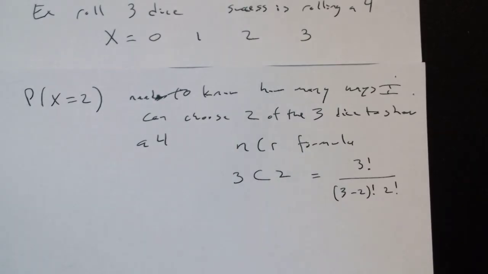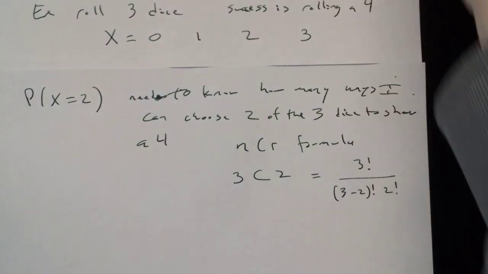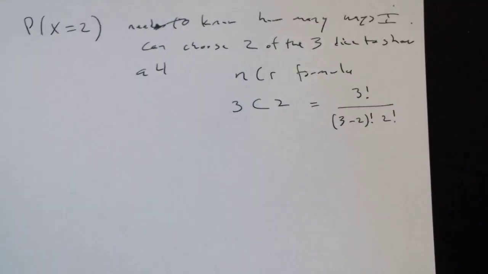Or there was a button on the calculator that had an nCr on it. Should go back and look at Wednesday's lecture from the week before break. Which, you are right, Chris, turns out to be equal to 3. That's the number I get when I do this.